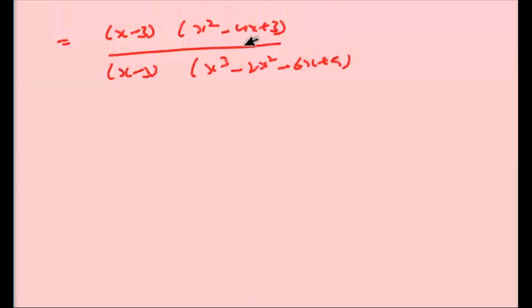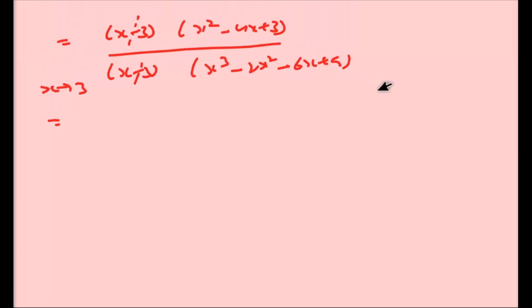This is your homework, you can divide yourself. Okay, so this factor is cancelled out now. Now this part again, putting the value of x equal to 3, we can see it is again divisible by 3.